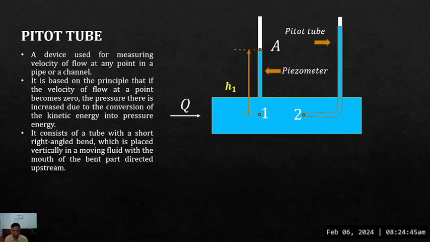Okay? And since the velocity there is going to be 0, magko-compensate si pressure head. Kaya yung pag-rise ng head ng tubig dyan, column ng water, dyan sa pitot tube, that is a combination of your static head and also our dynamic head. Okay?